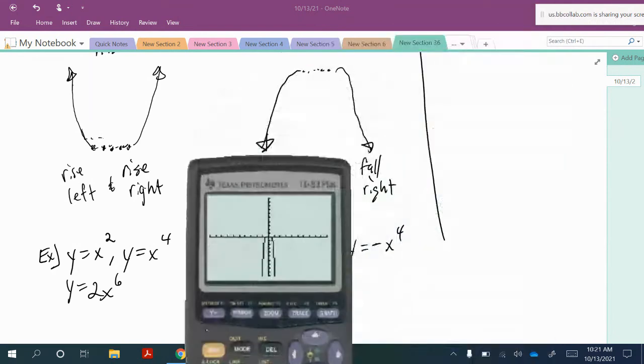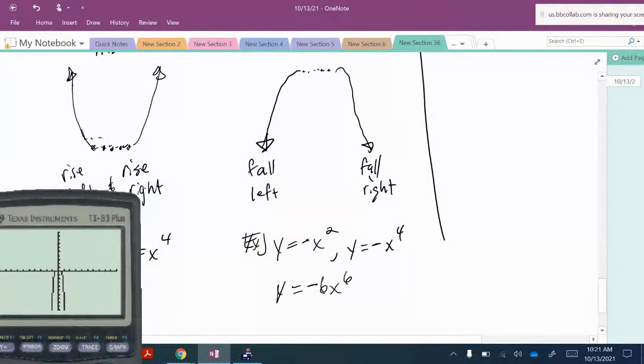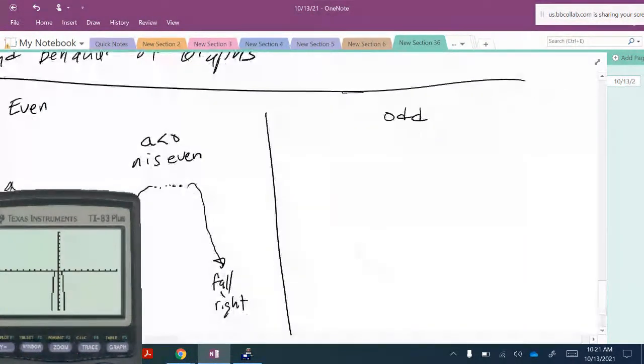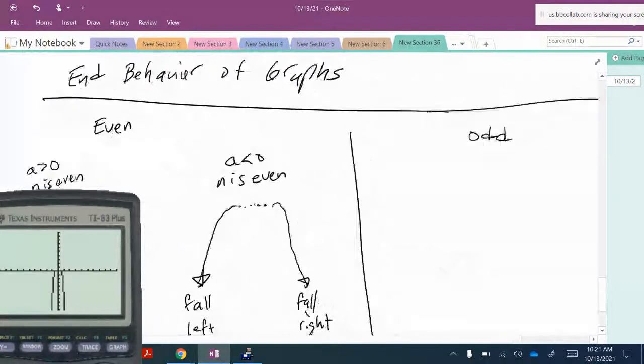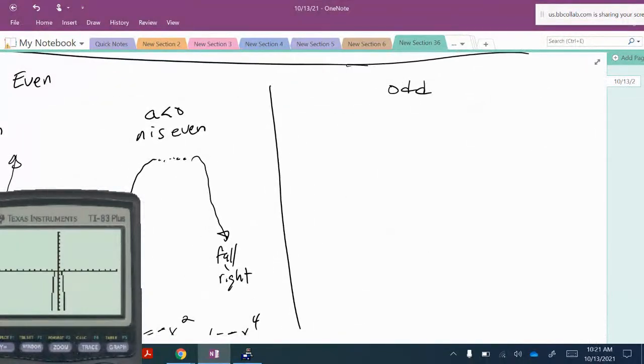All right, so now let's take a look at odd functions.